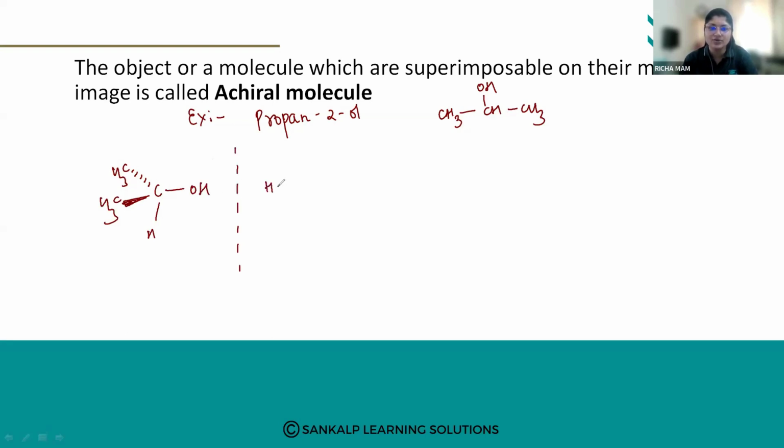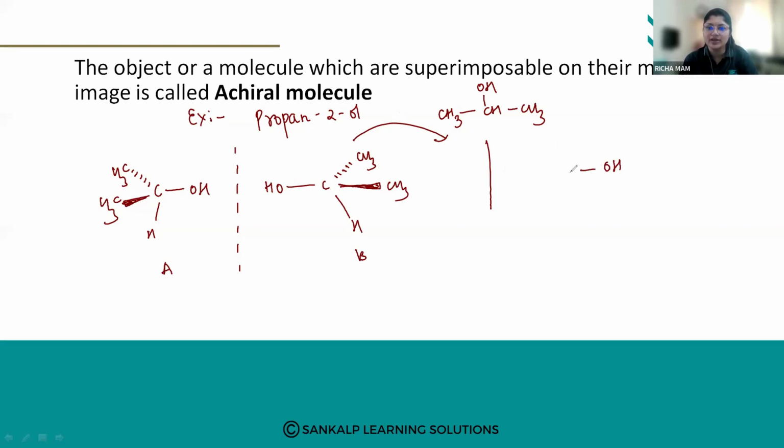So this will become flipped. Here it will be CH3, here it will be CH3, and this will become H. So these are A and B. Now I will rotate this by 180 degrees, and after rotating, this will move to this side.